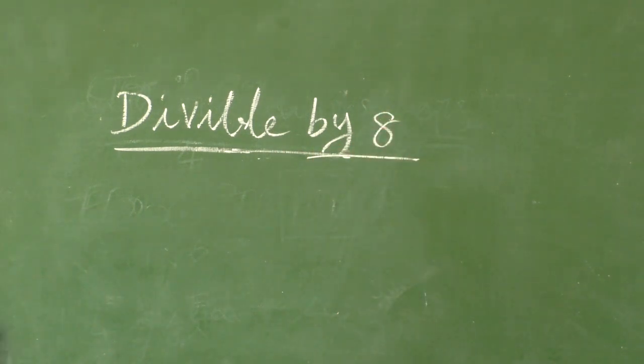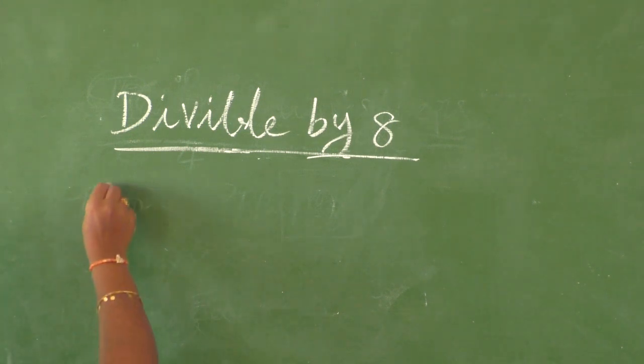Divisible by 8. What is the rule for divisibility by 8? A number is divisible by 8 if the number formed by the digits in the hundreds, tens and ones place is divisible by 8.